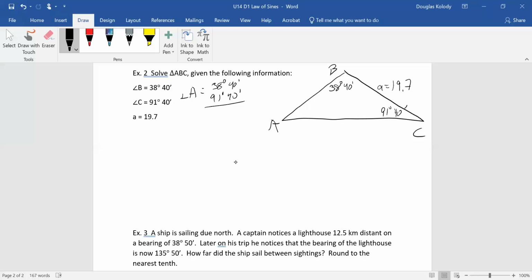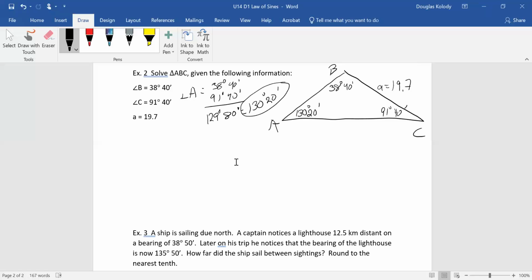If we do that, we get 129 degrees and 80 minutes. But we can't have 80 minutes. So let's add one more degree and get 130 degrees. And there will be 20 minutes left over. So there's my angle A, 130 degrees and 20 minutes.